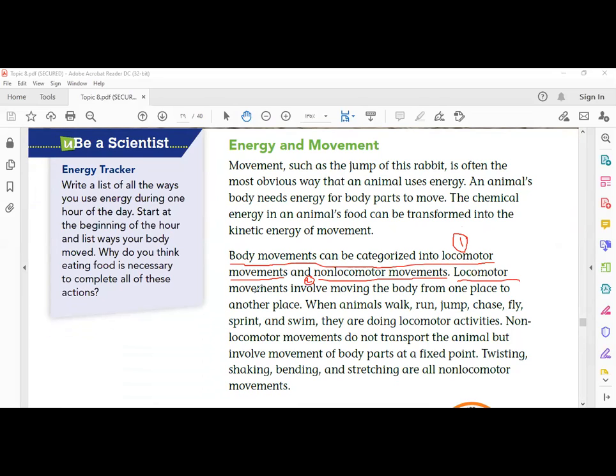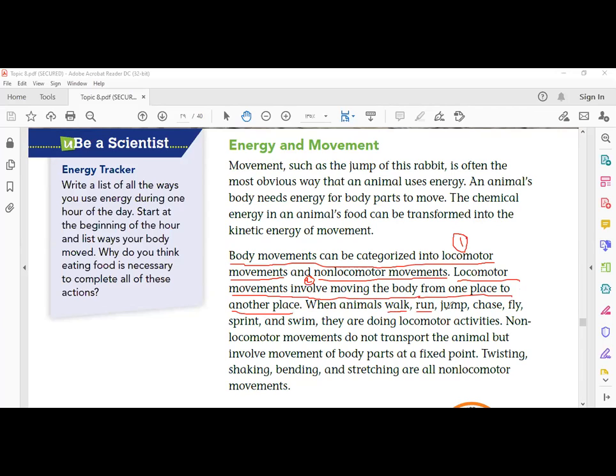Locomotor movements involve moving the body from one place to another place. For example, when animals walk, this movement involves moving the body from place to place.